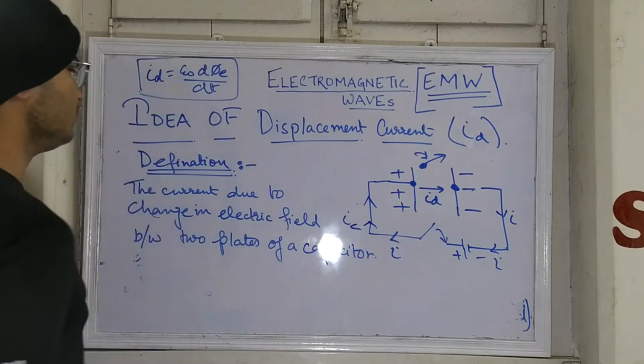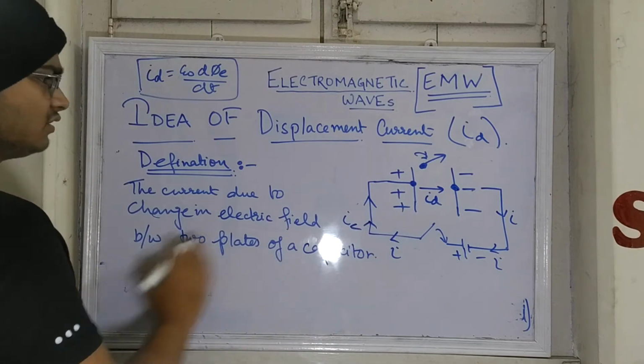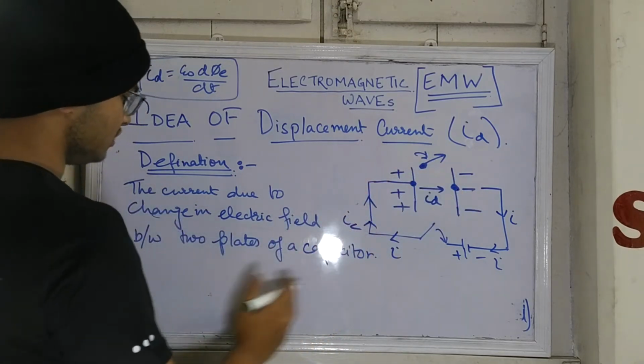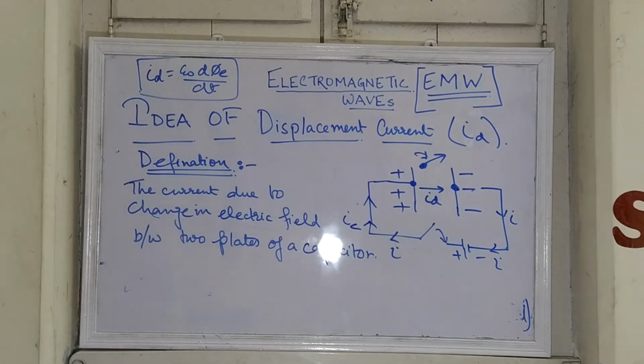As I have said, the current due to the electric field continuously changing between two plates of a capacitor is called the displacement current.